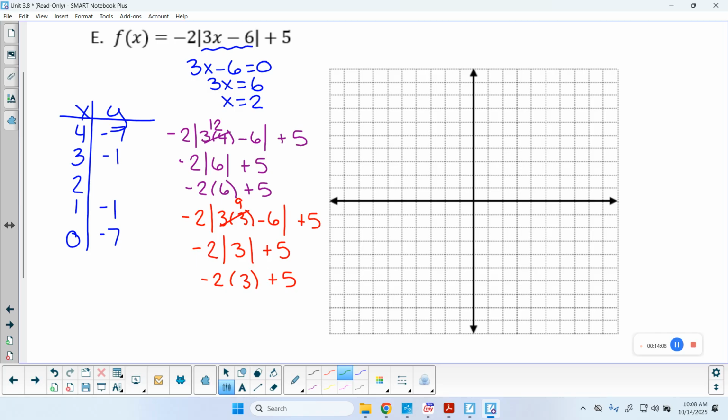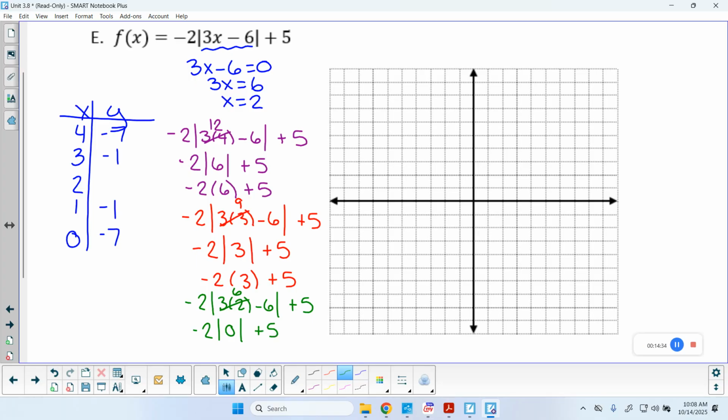Now we have to do that one more time with 2. We're going to take 2 and plug it into x. So it'll be -2 times the absolute value of 3 times 2 minus 6, and then plus 5. 3 times 2 is really 6, okay? So we have the -2 on the outside. Inside of the absolute value, 6 minus 6 is 0, and then plus 5.